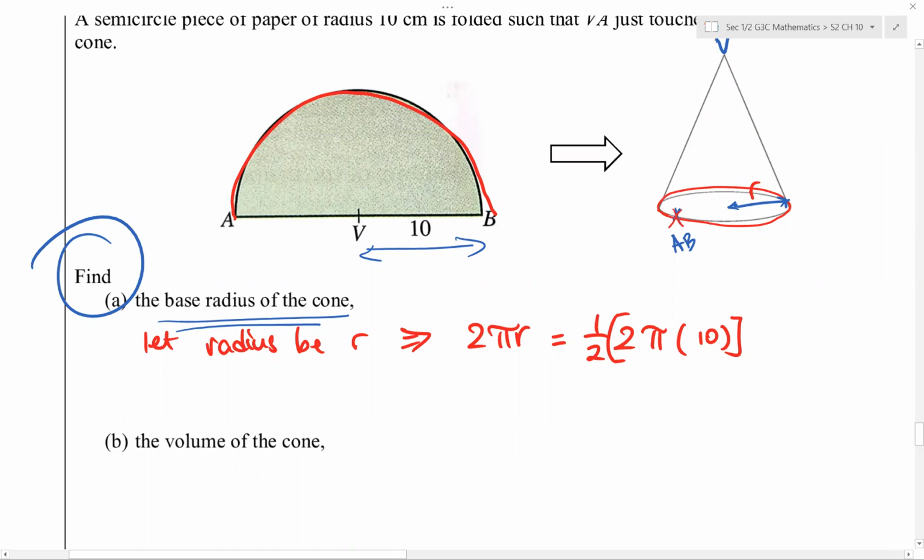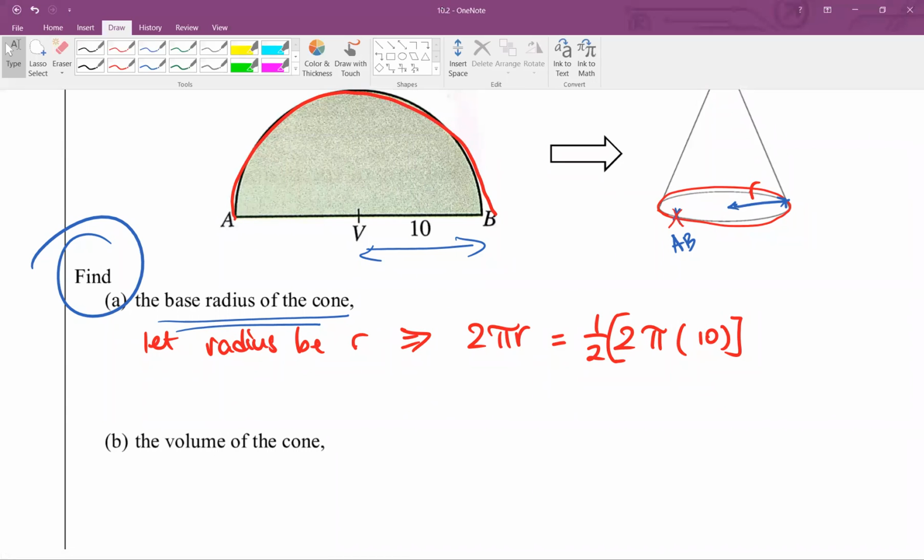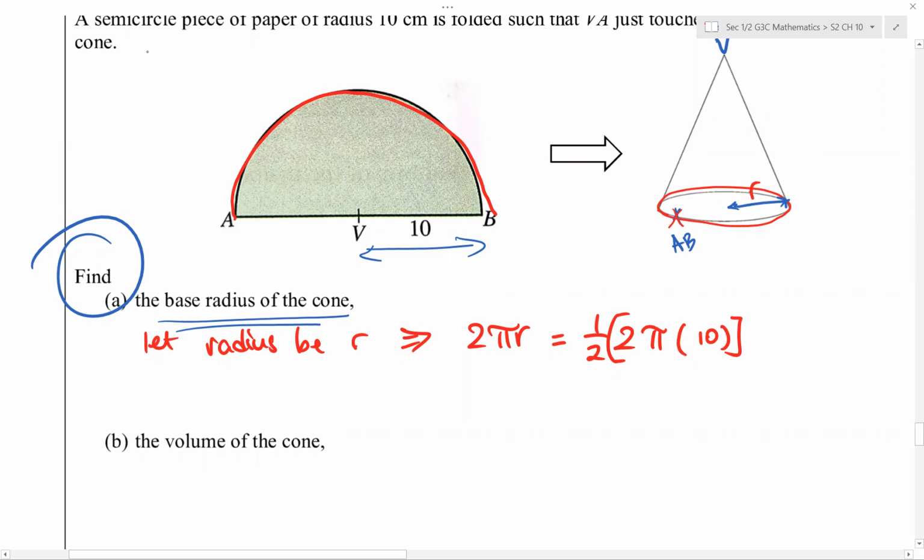Okay, now the next step is to start cancelling. We see some common factors, right? Pi and pi can cancel. If you don't cancel away the pi and use a calculator, you're going to end up with an irrational number, point something with so many decimal places, and another one on the right-hand side.